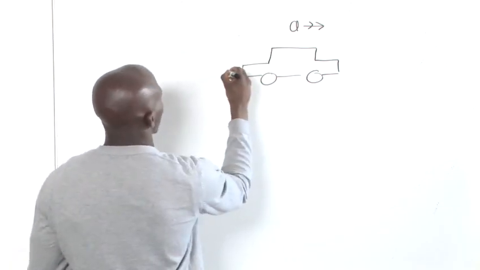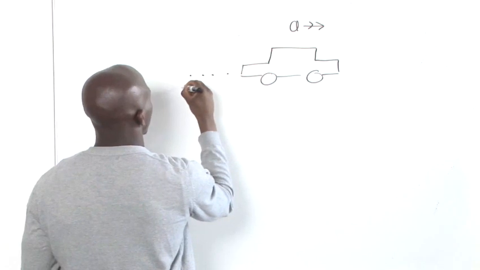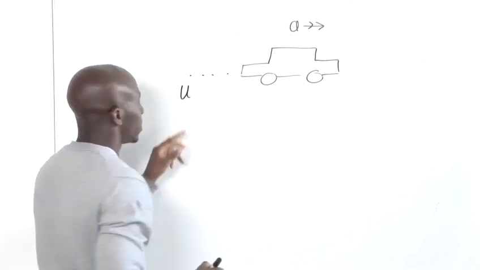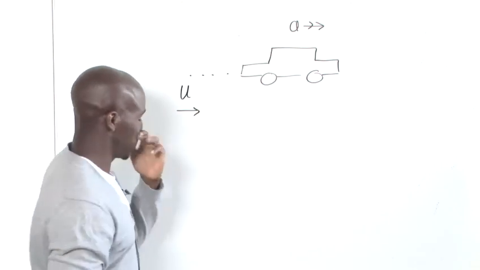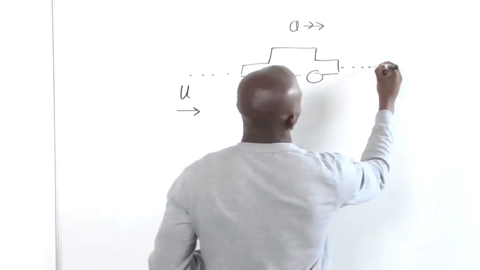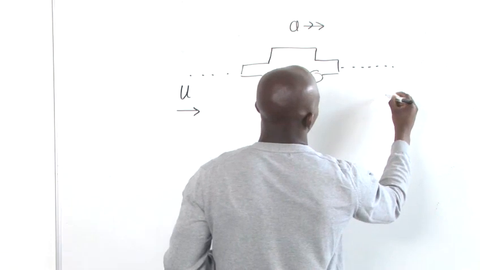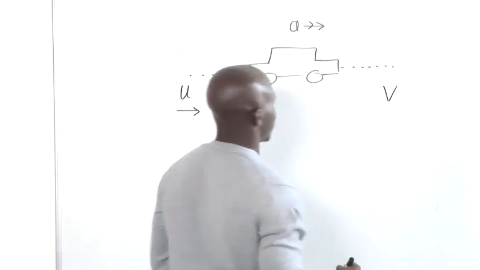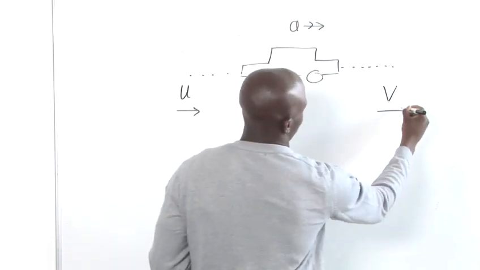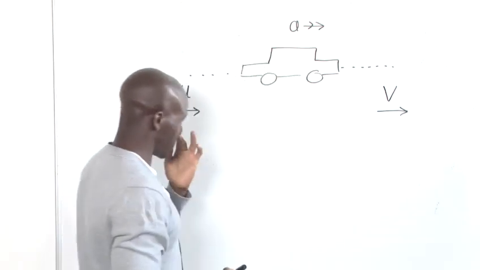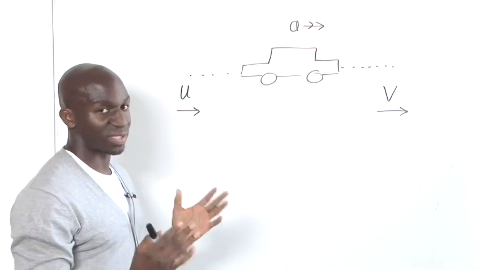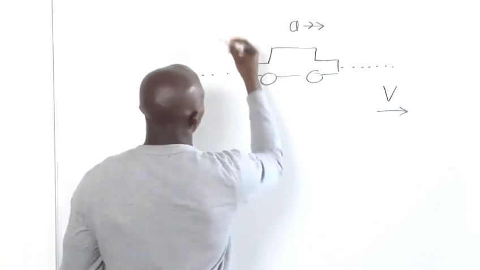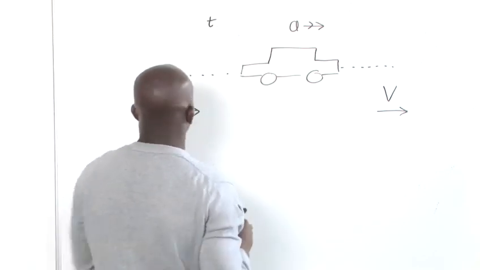So when it was here, it would have had an initial velocity, and when it gets here, it will have a final velocity. All of this will occur over a given time period, so we'll put this here.